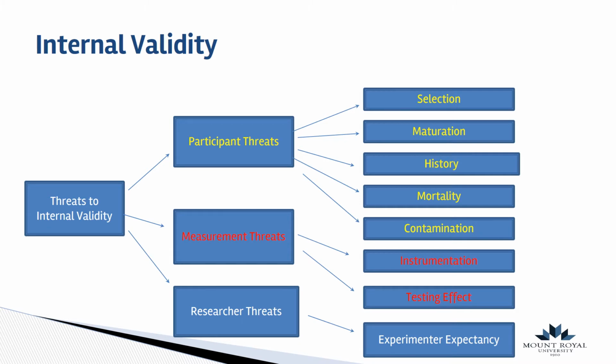History relates to something occurs, or some major event occurs during the experiment that affects participants. So simple example, you're studying opinions on politicians, and a big scandal is discovered during this study.